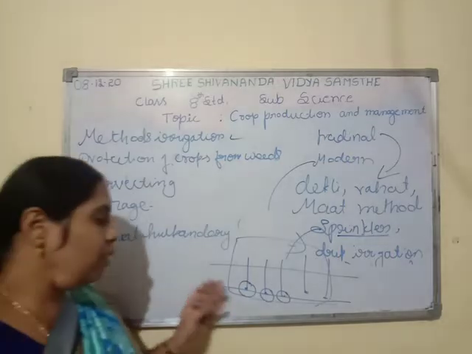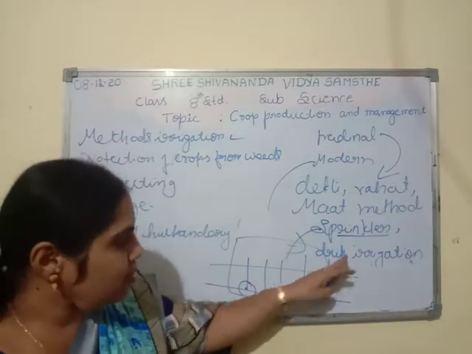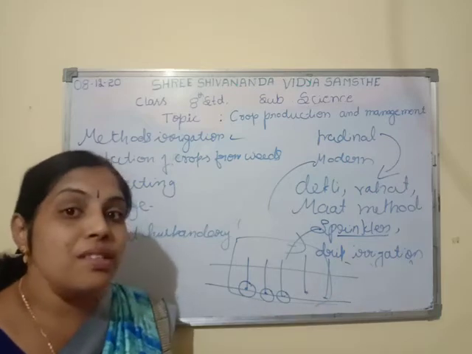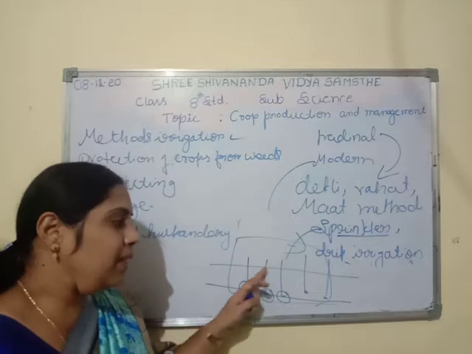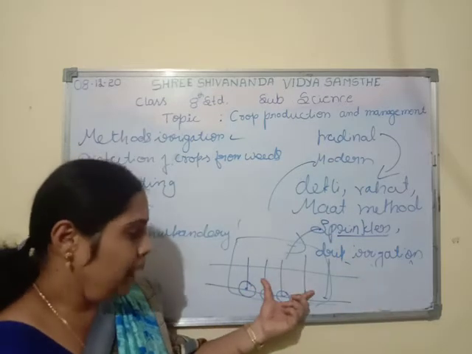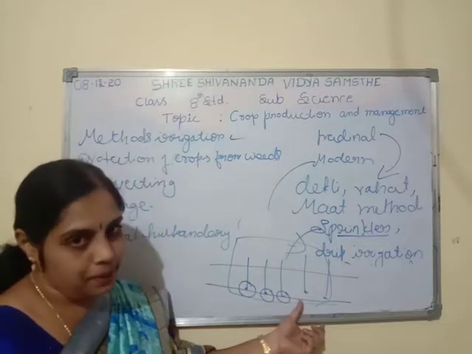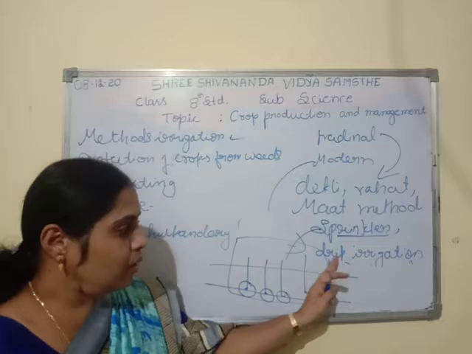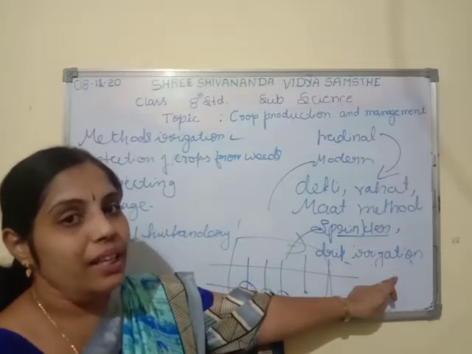So what happens here is that water flows directly to the root system. This is also known as the furrow system. Okay, so here, in between the plants, the pipe goes through the plants and water flows directly through the pipes. Okay, so this is known as drip irrigation or furrow irrigation.